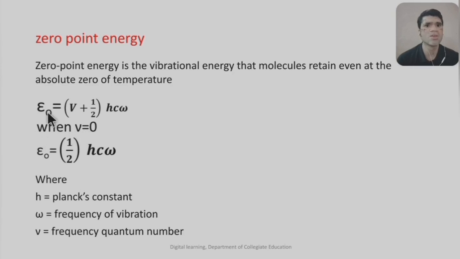Energy is given by (V plus 1/2) hc omega. When we put V equal to 0, it will be 1/2 hc omega, and this is called the zero point energy of the molecule.